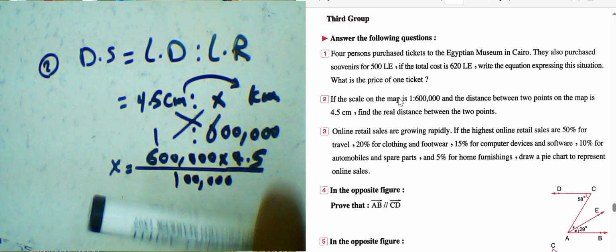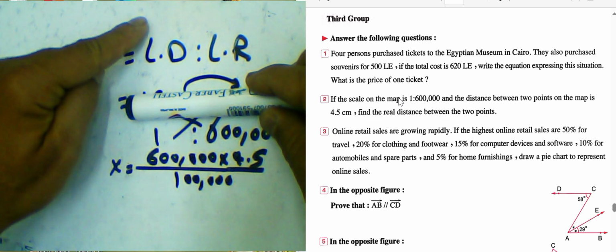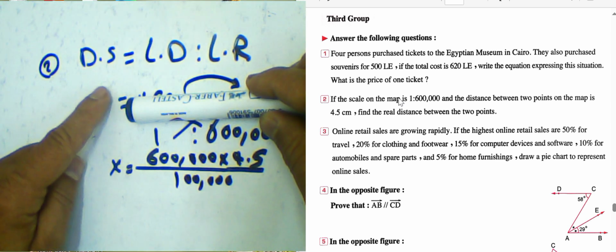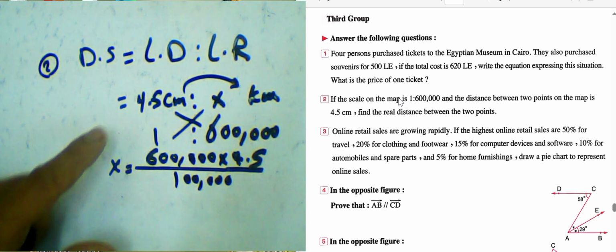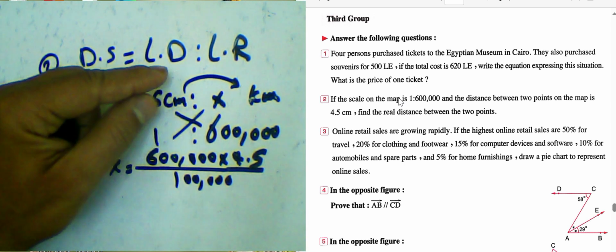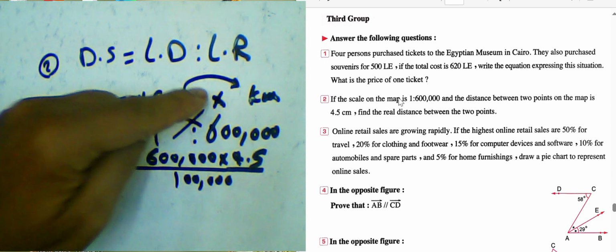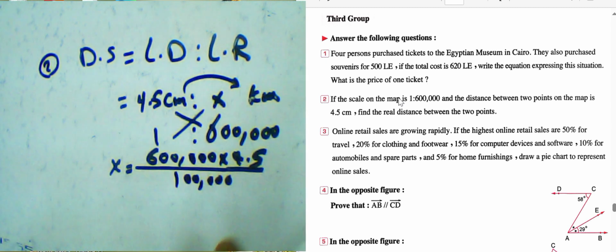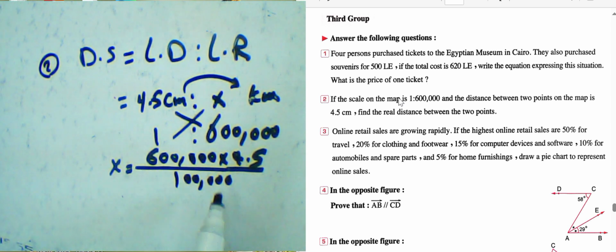Again, we have here 1 to 600,000, the ratio between length in drawing and length in reality, because the drawing scale is the ratio between length in drawing and length in reality. And he gives us length in drawing 4.5 centimeters, and we want to find length in reality. We can write x for length in reality. And then we must convert from centimeter to kilometer by dividing by 100,000.